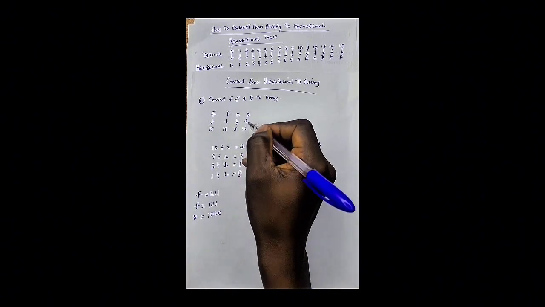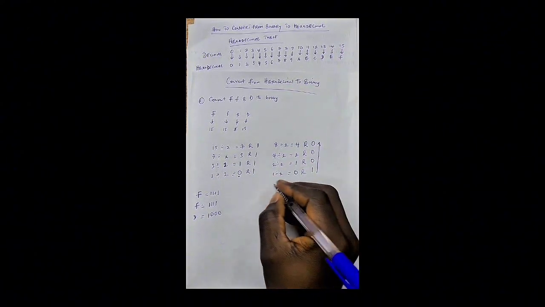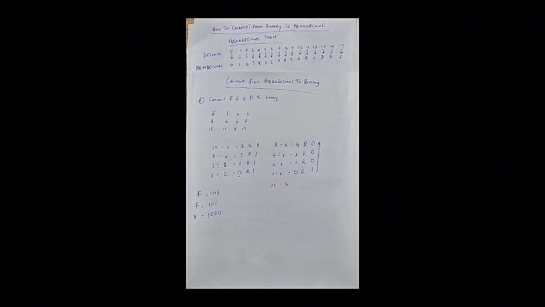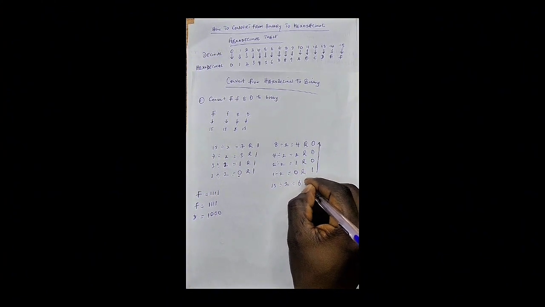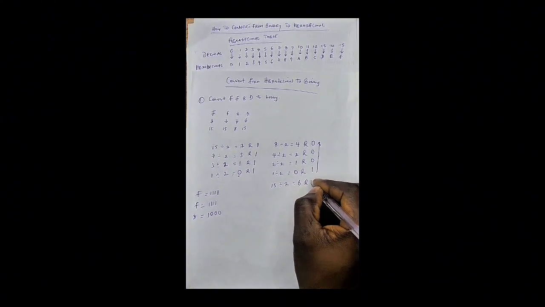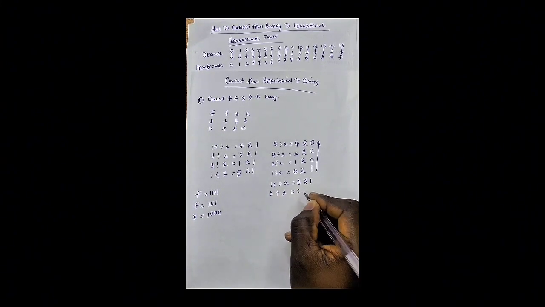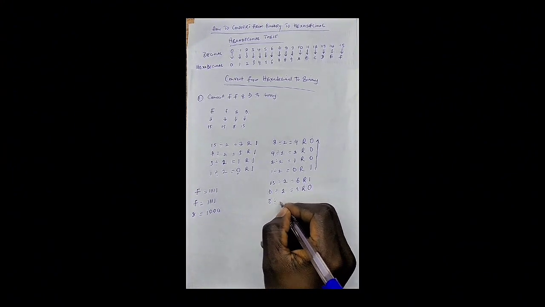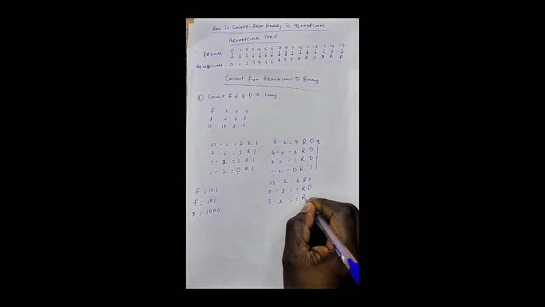Then the last one, which is D, is represented as 13 in our hexadecimal table. So let's convert D, which is 13. 13 divided by 2 will give us 6, remainder 1. 6 divided by 2 will give us 3, remainder 0. 3 divided by 2 will give us 1, remainder 1.